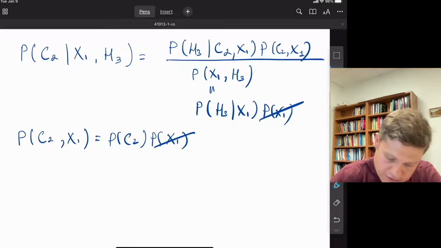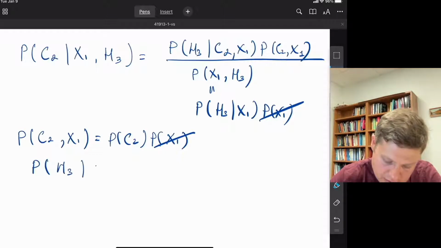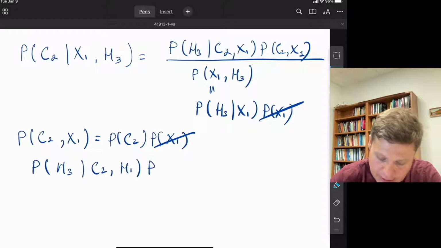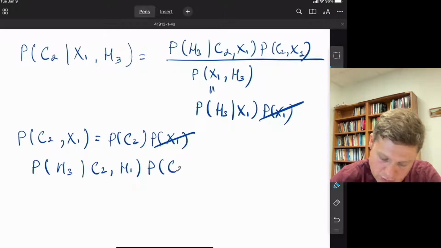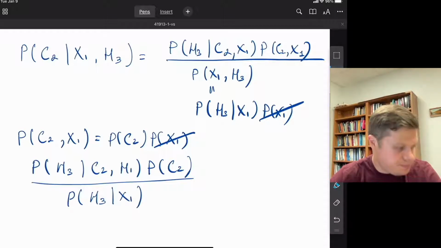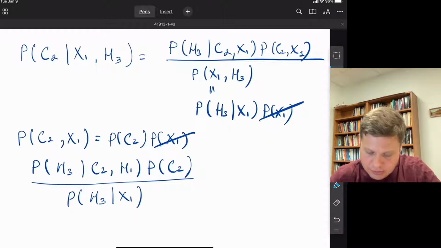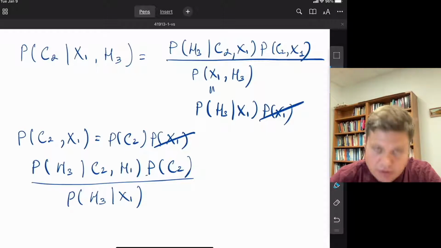And so at the top, we have the probability of the host opening door 3, given that the car is behind 2 and you pick door 1, times the probability of the car being behind door 2, divided by the probability of the host opening door 3, given that you picked x1. Now let's see if we know those. Well, the probability that the car is behind door 2 is 1/3.